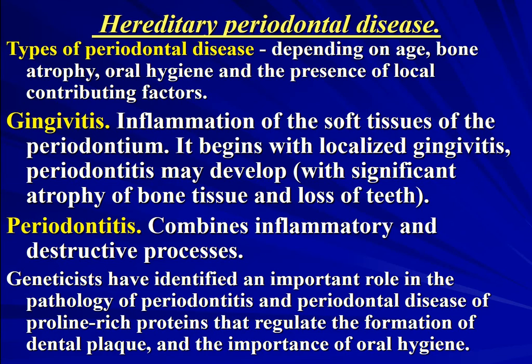Hereditary periodontal diseases. Types of periodontal diseases depend on age, bone atrophy, oral hygiene, and the presence of local contributing factors.